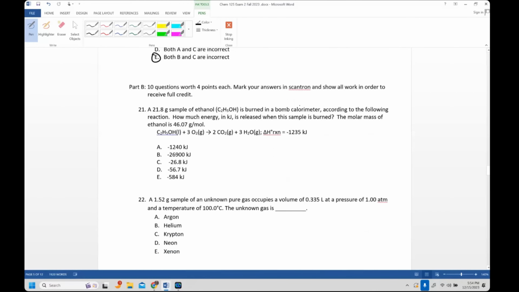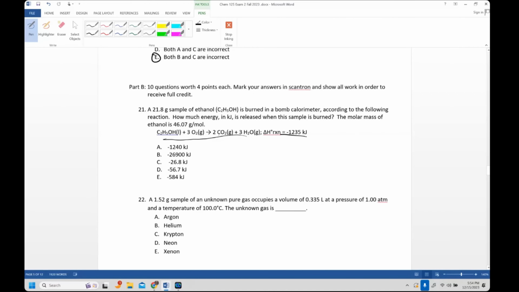All right. So in the way this reaction is written, the delta H of combustion releases 1200 kilojoules. We're being asked, if this reaction releases 1200, how much is released by 21 grams? So we first need to figure out how many moles we're talking about here.